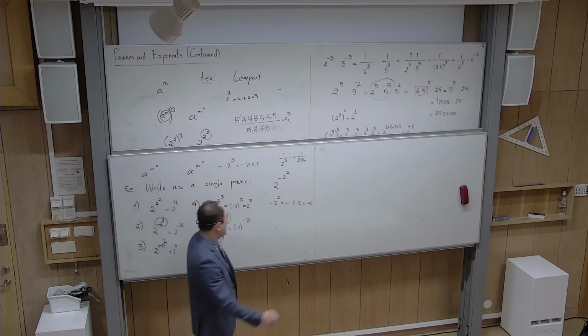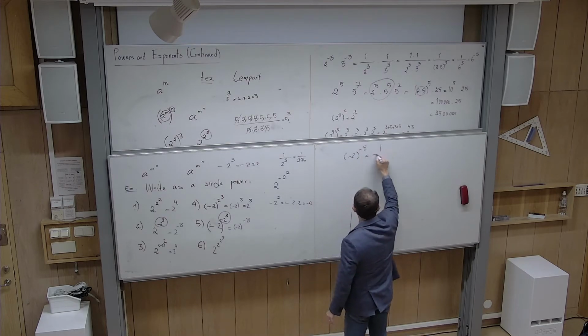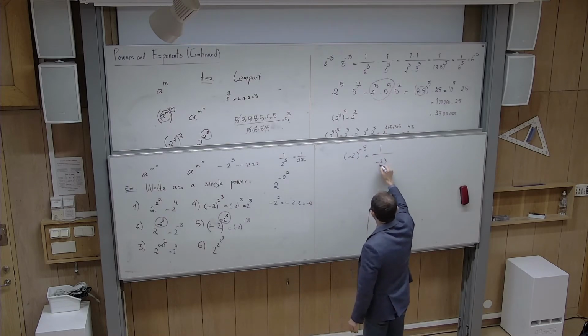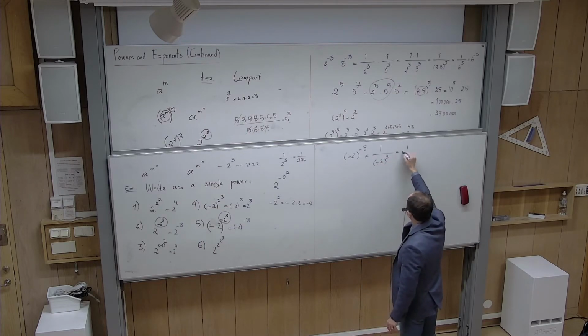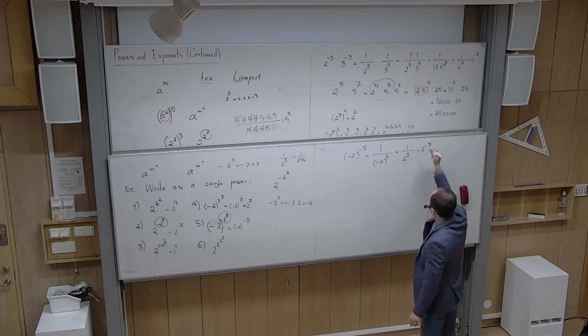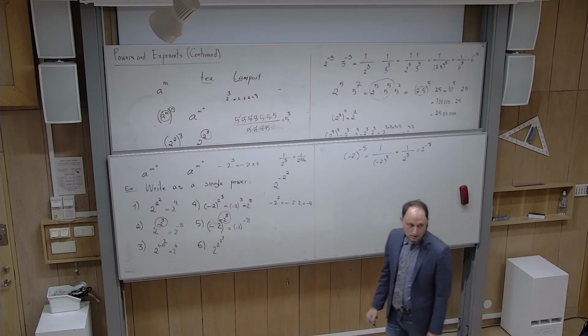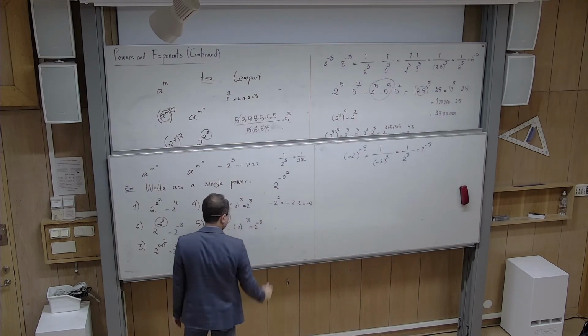Yes, because minus 2 to power minus 8 is 1 over minus 2 to power 8. But because this is even, this will get rid of that. And then I bring it up again. Yes? So this means that this is better to write it as 2 to the power of negative 8.